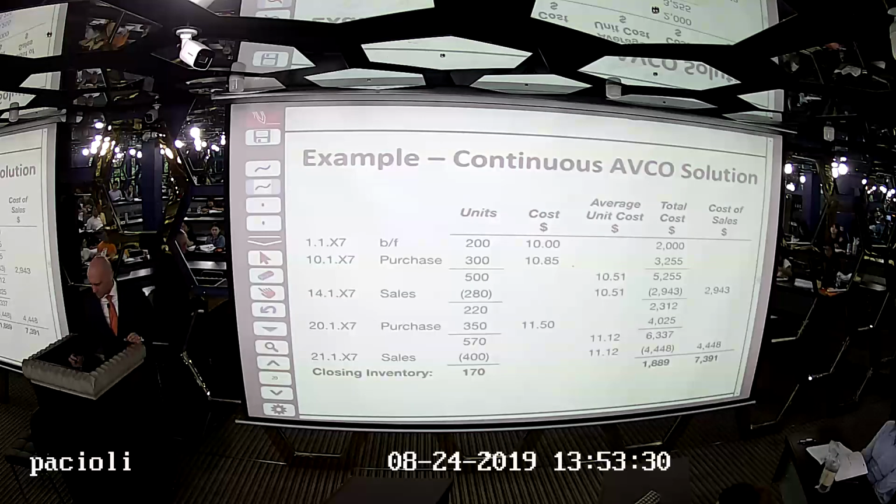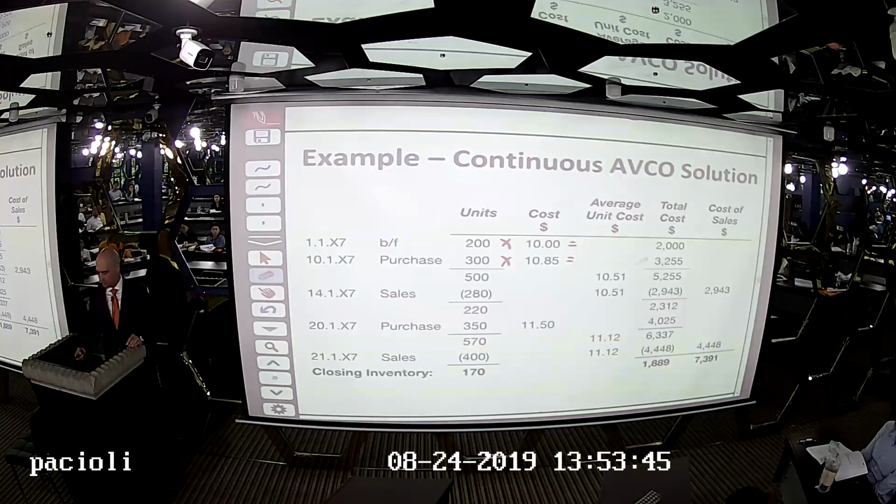And we have the opening 200 units times the cost of $10. So that's 2,000. We have one purchase of 300 times 10.85, that is 3,255.